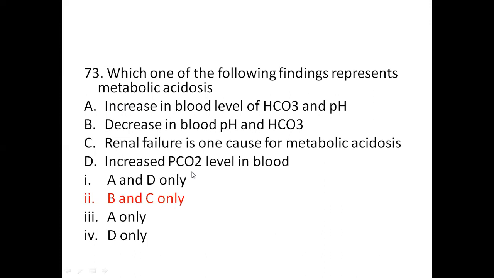Option D, increased PCO2 level in the blood. Here option 1 is A and D only. Option 2, B and C only. Option 3, A only. Option 4, D only. So the right answer is 2, that is option B and C only. That means decrease in blood pH and HCO3, and renal failure is one cause for metabolic acidosis.